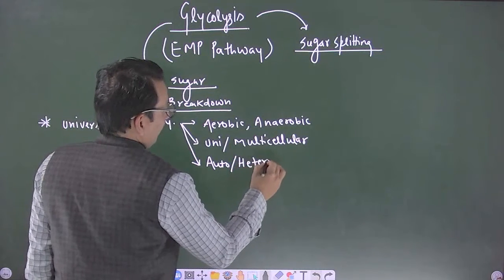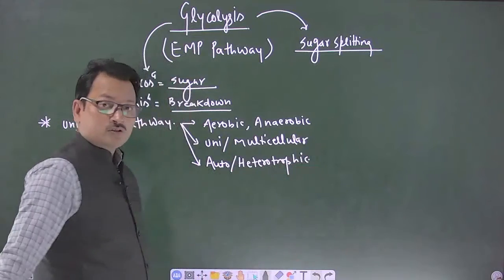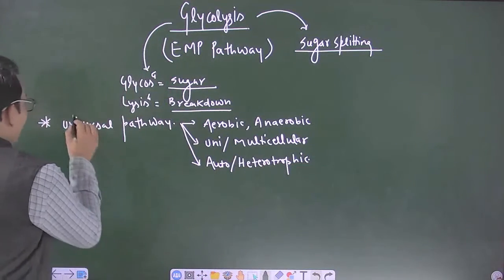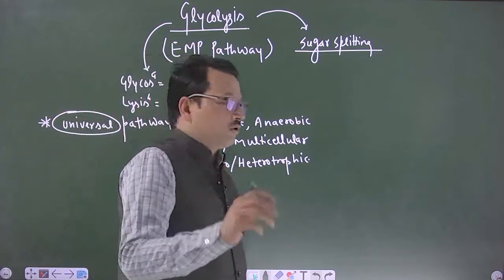You will find this pathway in all the organisms. So, that is why we call this a universal pathway. It is present in all the organisms.